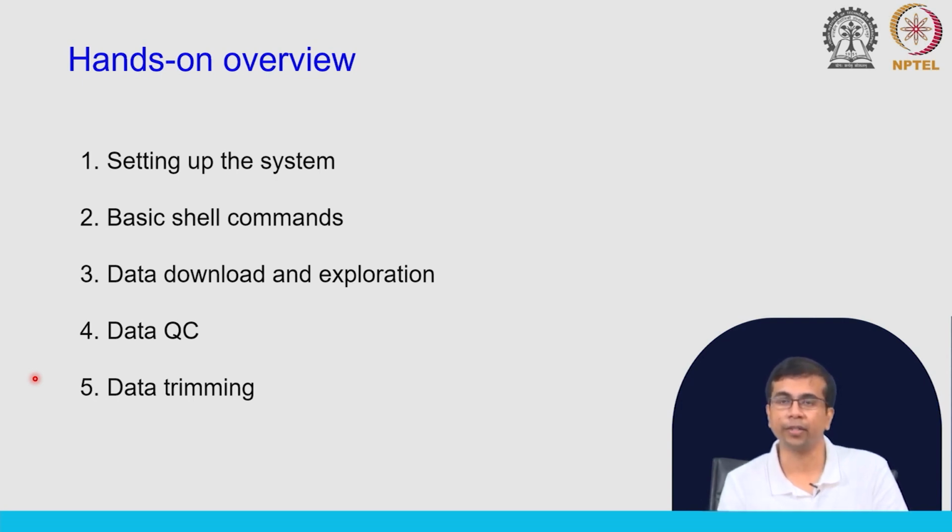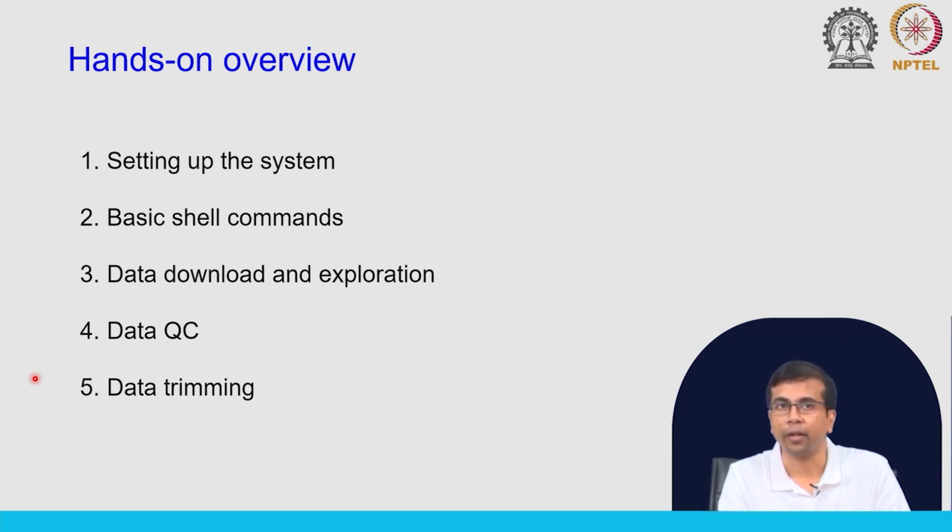So, this is the overview of the hands on that we will learn in this class and the subsequent classes. We will first set up the system where we will do this kind of analysis, okay, and then we will talk about the basic shell commands that are very useful and will be used in everyday analysis that you do. Then we have the third part, which is the data download and exploration. I will show you how we can download some of these NGS data sets and explore and see the data ourselves.